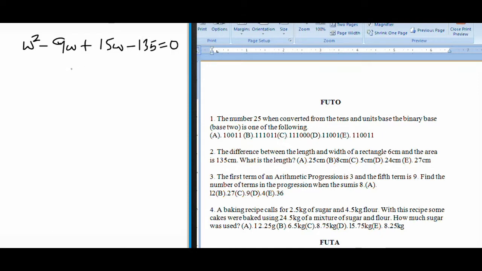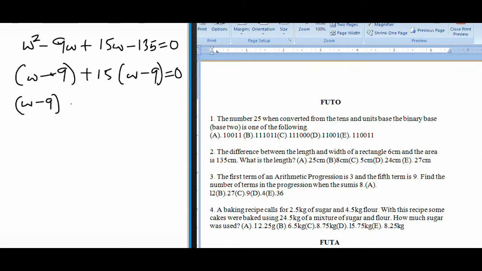Then plus 15 is common to the last two terms, which is plus 15 into W minus 9 equals 0. Then again, W minus 9 into W plus 15 equals 0. That is, W minus 9 equals 0, or W plus 15 equals 0.